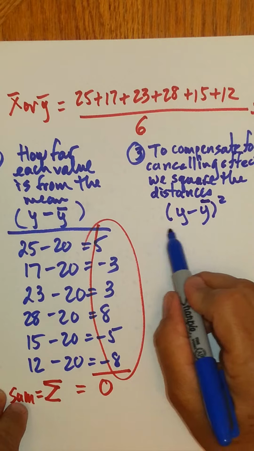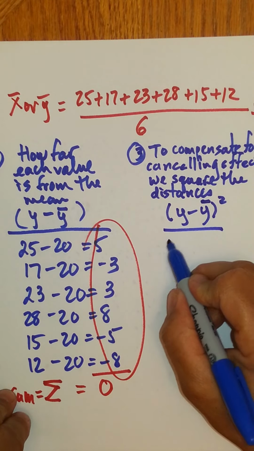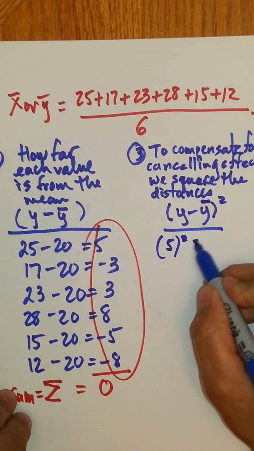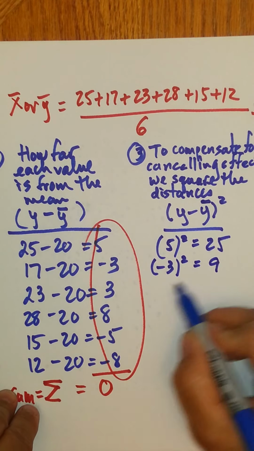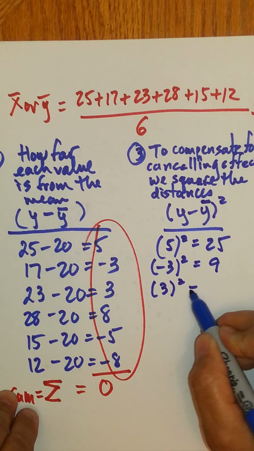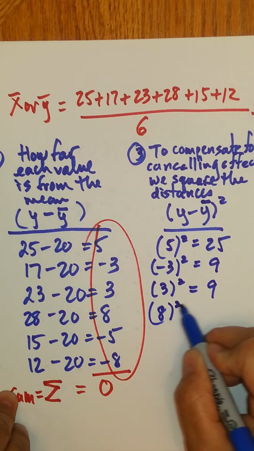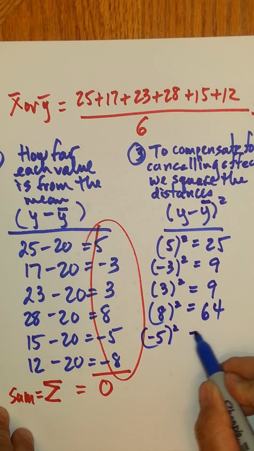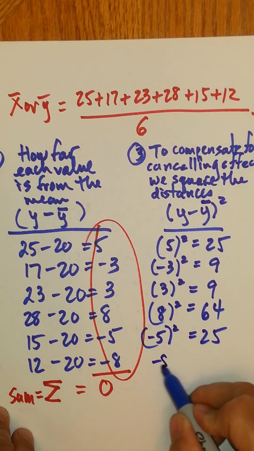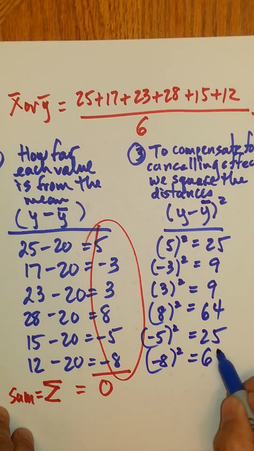All right, so let's do that. 5 squared, 25. Negative 3 squared, 9. 3 squared, 9. 8 squared, 64. Negative 5 squared, 25. And now negative 8 squared, 64.